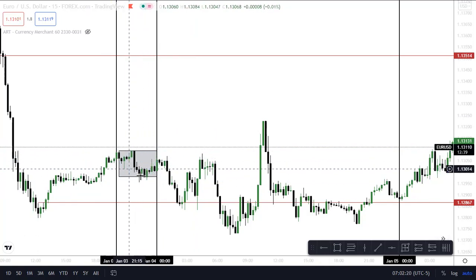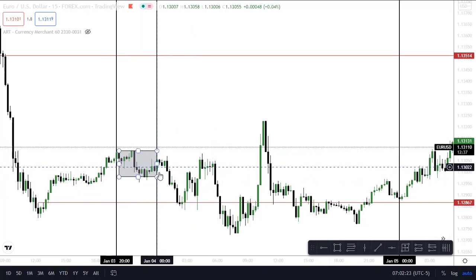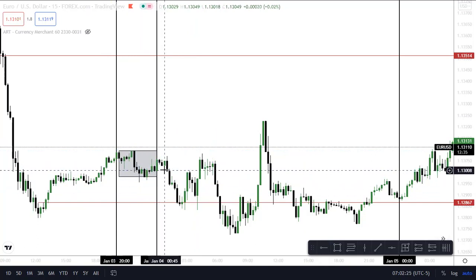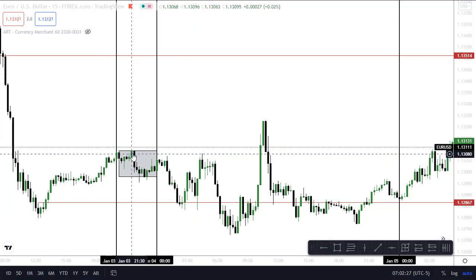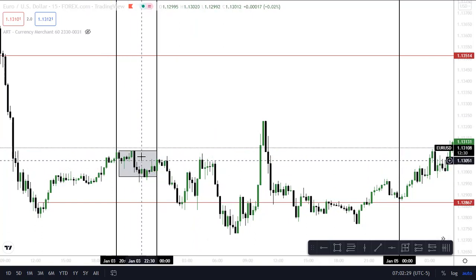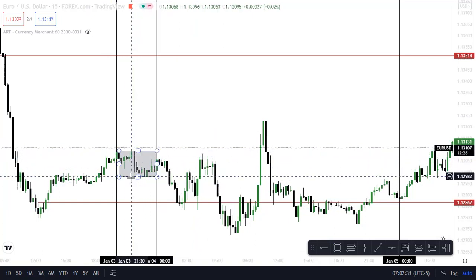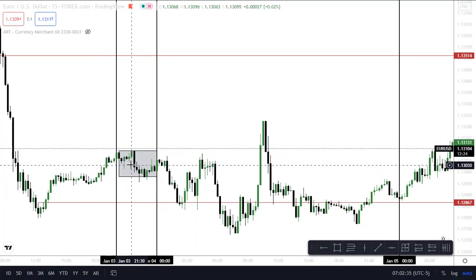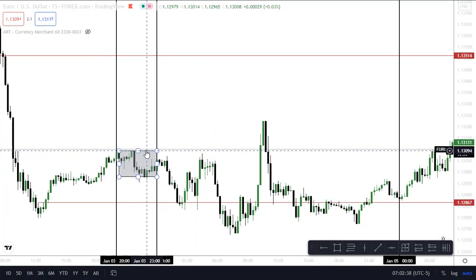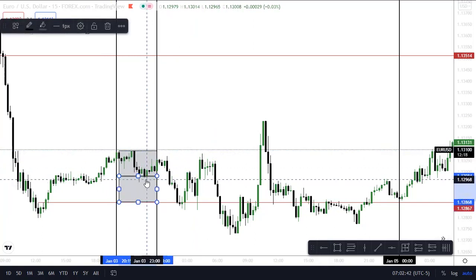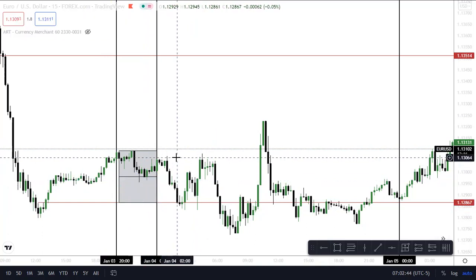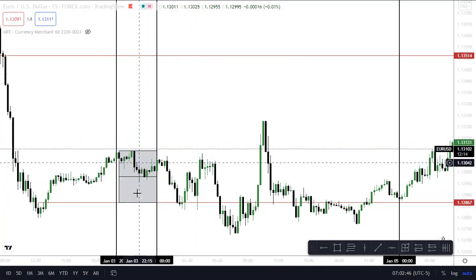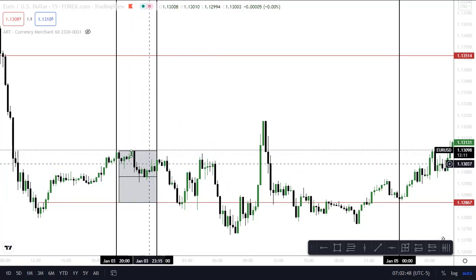If this range is ground zero, how far away from that ground zero point we move can be measured or guessed, if you will, by using stacked deviations of this range. What do I mean by that? I'm going to take this measurement here and clone it like that. This now becomes one deviation of this range.